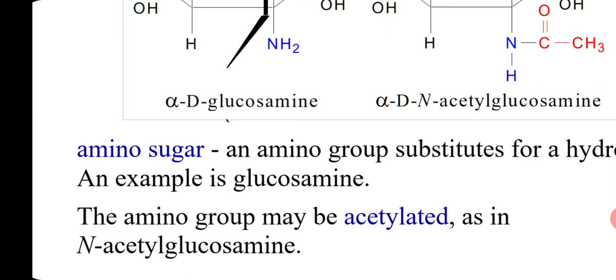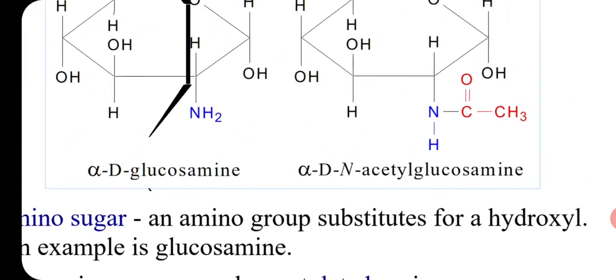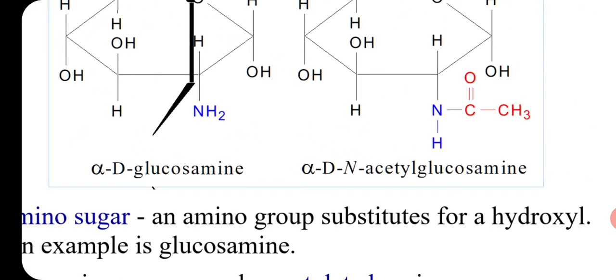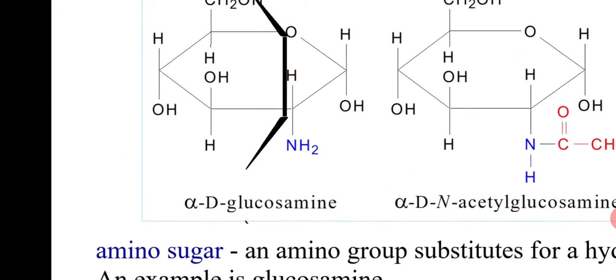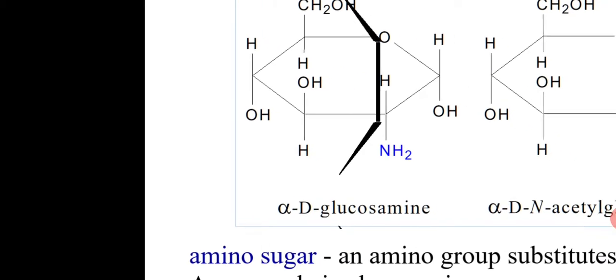It is called amino sugar, and when it is substituted by a specialized acetyl group, which is represented over here, it is very easy to understand. In this structure, NH2 is replacing OH. We call it glucosamine because the amino group is there.